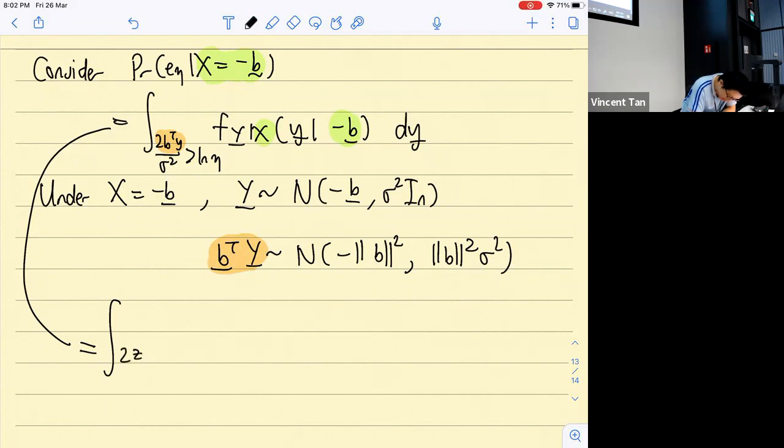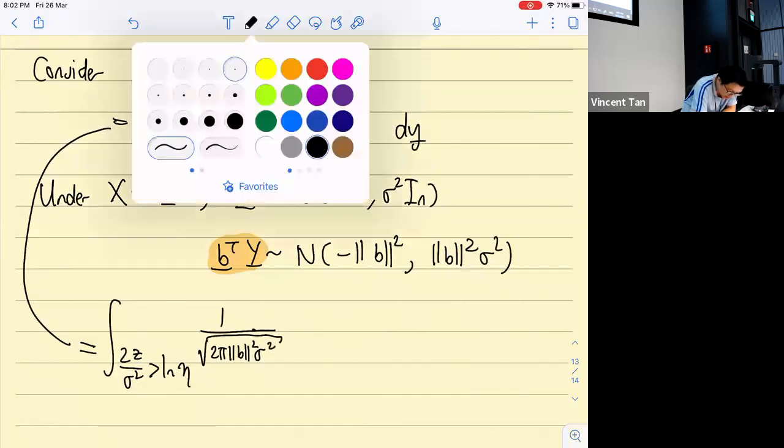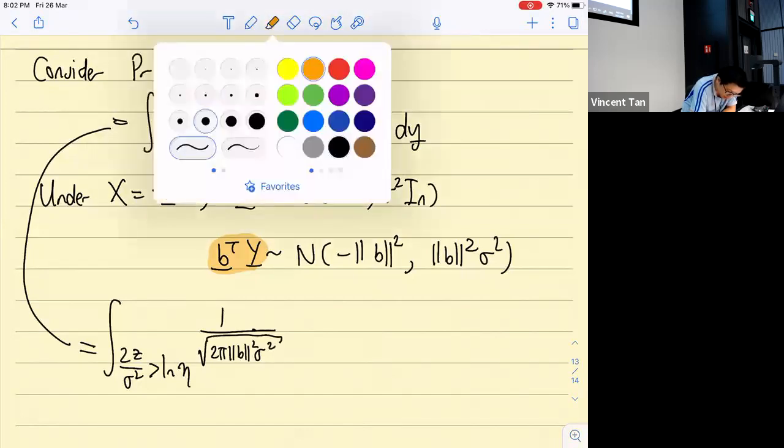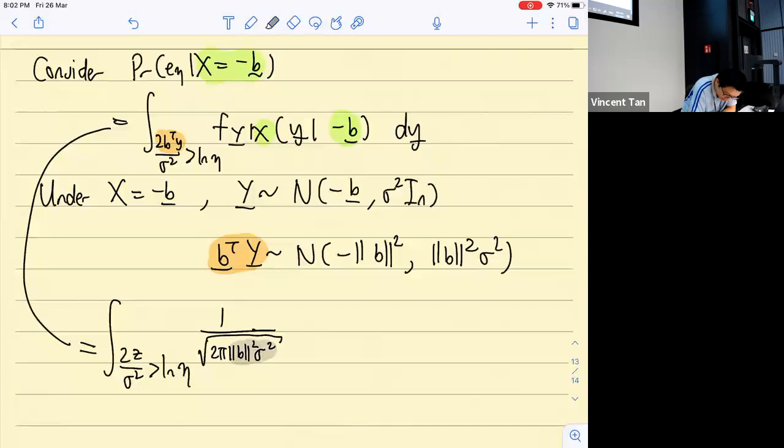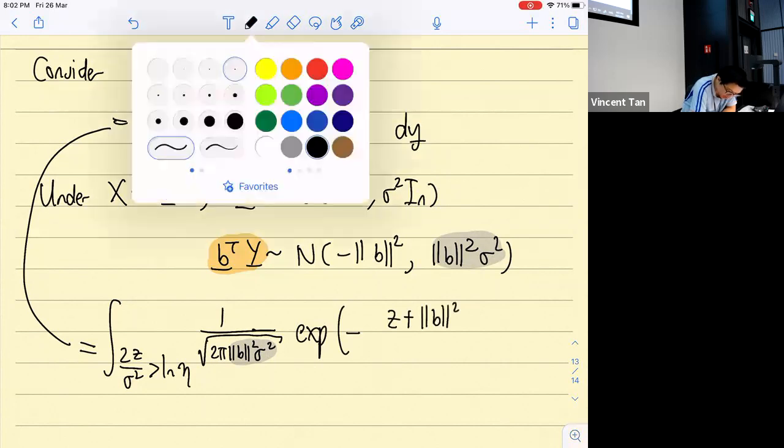I'm replacing B transpose Y by Z, Z over sigma squared greater than log eta, 1 over square root of 2 pi norm B squared sigma squared. That is the variance of B transpose Y; I got it from here. And the rest I'm going to copy down: e to the minus z plus norm B squared. This is where the mean came from.